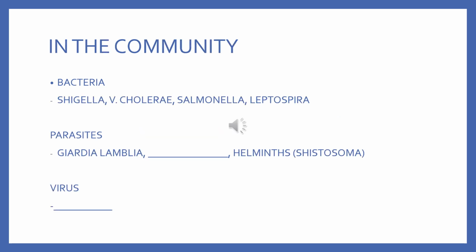In the community, you have your bacteria: your Shigella, your Vibrio cholerae, your Salmonella, and your Leptospira. For the parasites, you have your Giardia lamblia, Entamoeba histolytica, these are your protozoans, and your helminths, which are your schistosomes. And lastly, for your virus, we have your enterovirus.